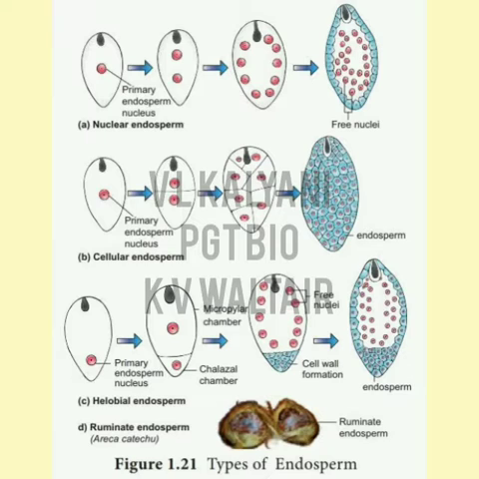So for the free nuclear endosperm, some nuclei will be free. For example, if you see the coconut, children, when you drink the coconut water, that coconut water itself is the free nuclear endosperm.